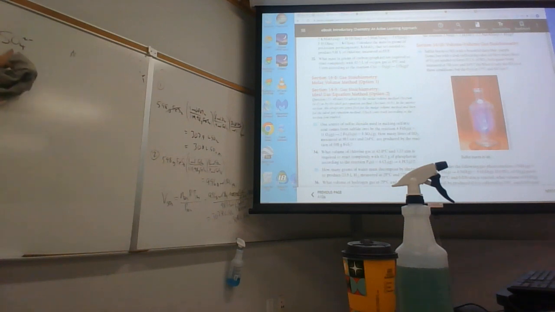Because if it's sulfate, then sulfur is plus... So it would go like this. Minus 2 times 4 is minus 8. Minus 8 plus what gives us minus 2? So minus 8 plus 6 gives us minus 2. And so this is sulfur in the plus 6, but this would be sulfur in the plus 8.